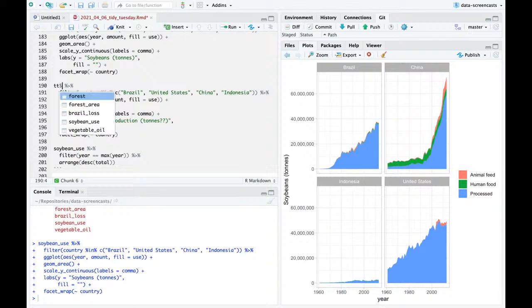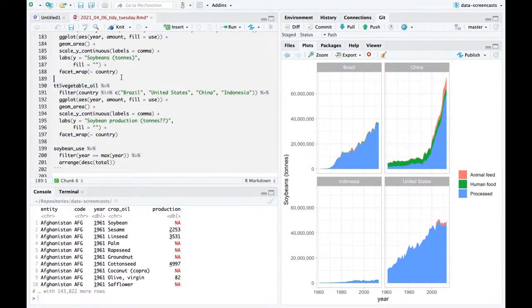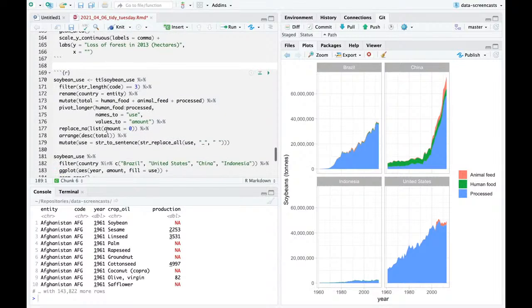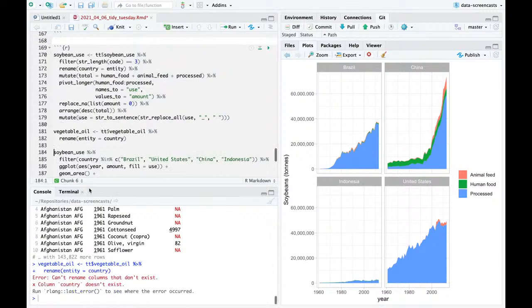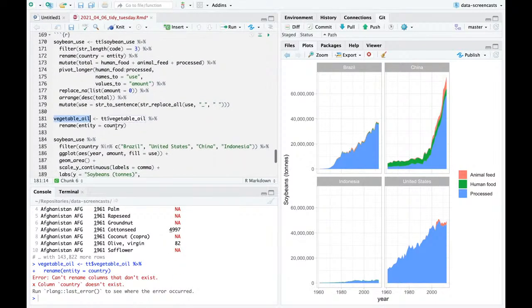I want to see quickly if I can get one visualization out of vegetable oil, because I don't think I need to change the format, it's already in a handy format. I just probably want to do rename entity and say vegetable oil all the way around.